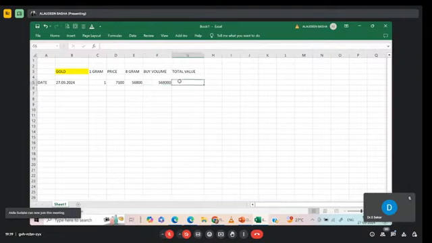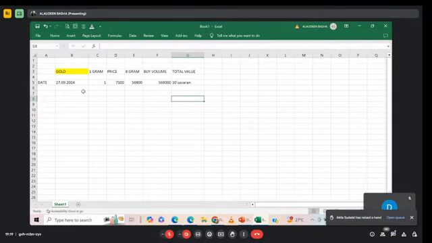So the total value is 5,68,000. So 10 sovereigns. The maximum tenure period of gold is 8 years. You can just add the 8 years.